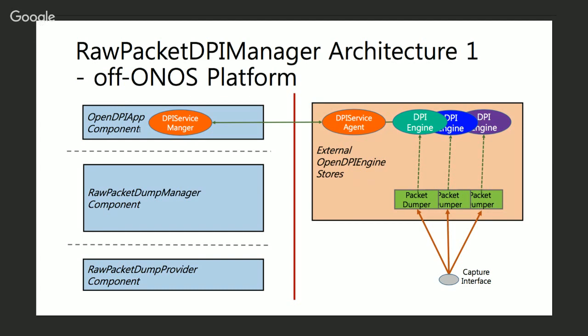But yeah, through this discussion, we learned a lot about ONOS itself. It seems that you don't want a tighter coupling between the DPI engine's complexity and the current ONOS core.